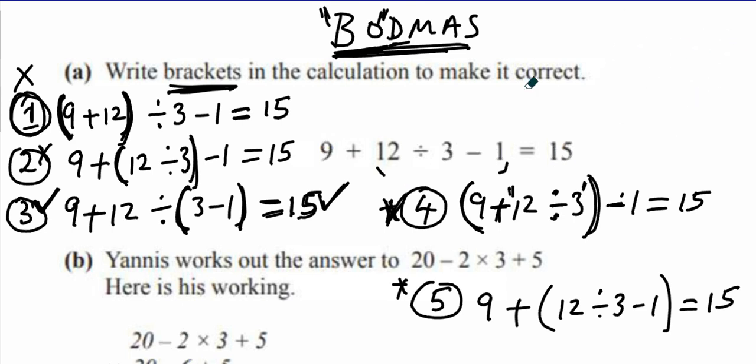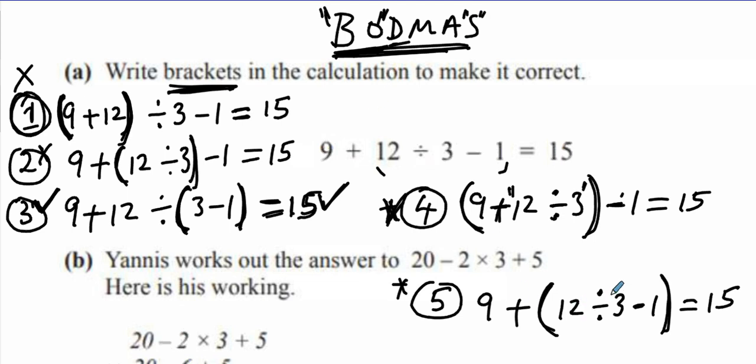Come to the last and fifth possibility. You do BODMAS. That means inside the brackets we have two signs. One is division, another one is subtraction. So we have to start with division before subtraction according to BODMAS.